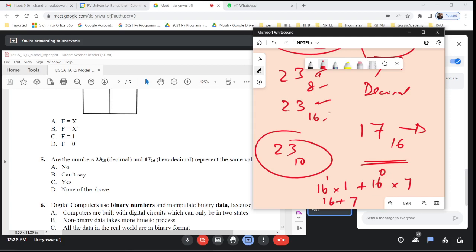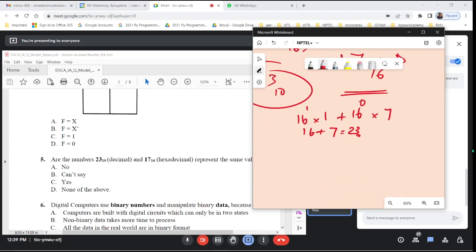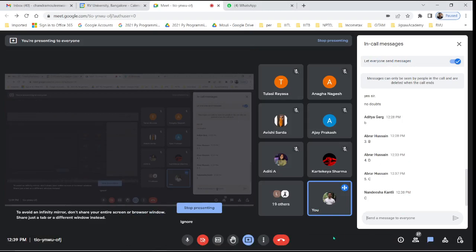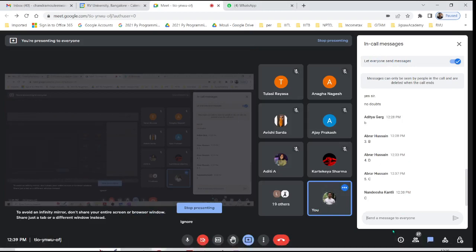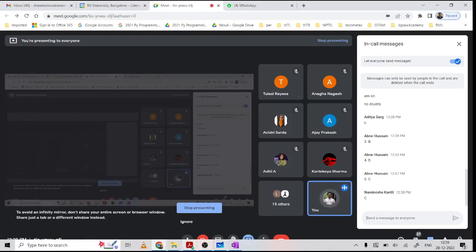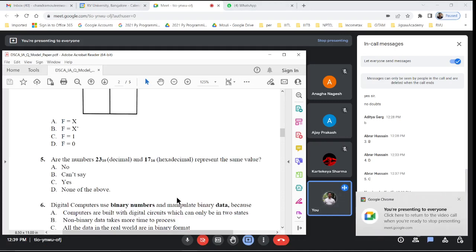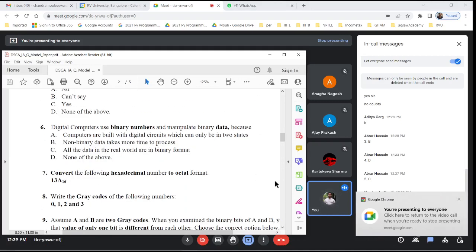This is equal to 23 in decimal. So this number is exactly the same as what was given. So you can't say no or none of the above. Please say yes, like what Hussain and Nandish did. So the right answer is C. Good. So far so good.